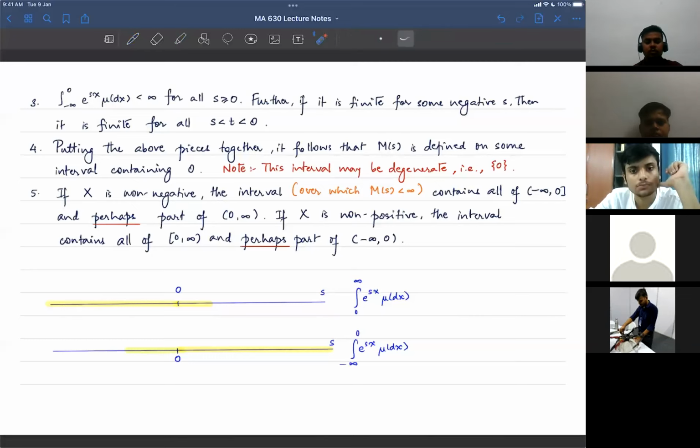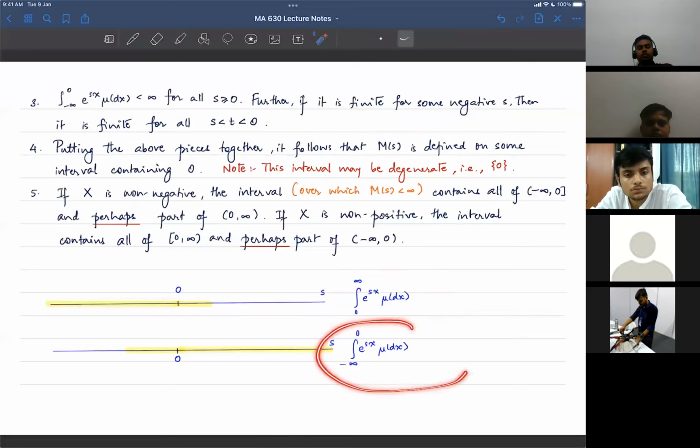So if I look at this integral, it is definitely finite for all s negative. If it is finite for any positive s, it is finite for smaller positive values of s. So maybe it's only finite here and at 0. It's okay. But if it goes to the right, then it should be an interval.